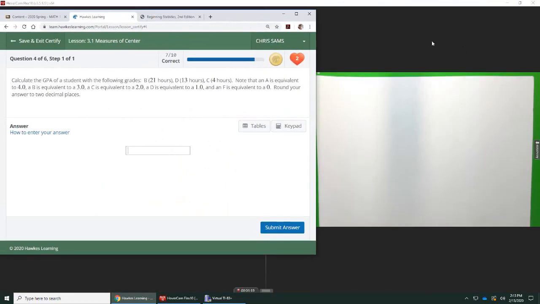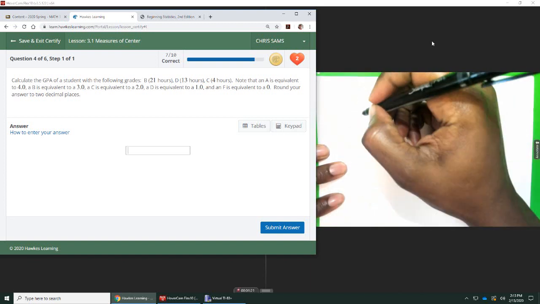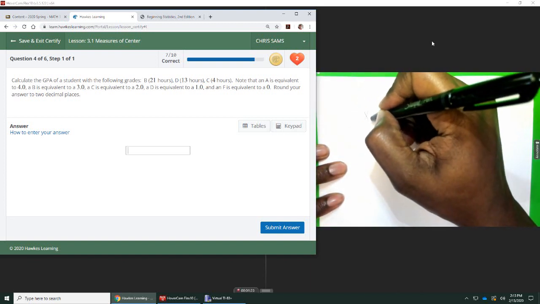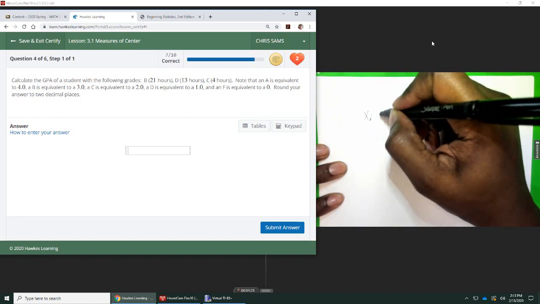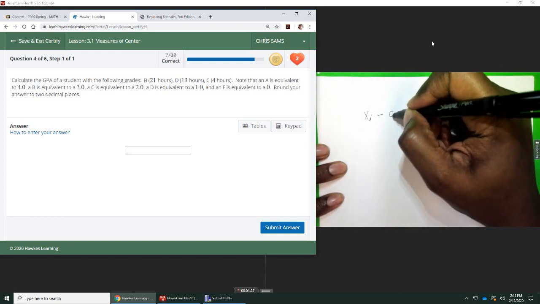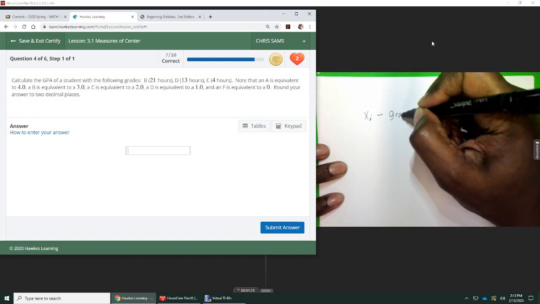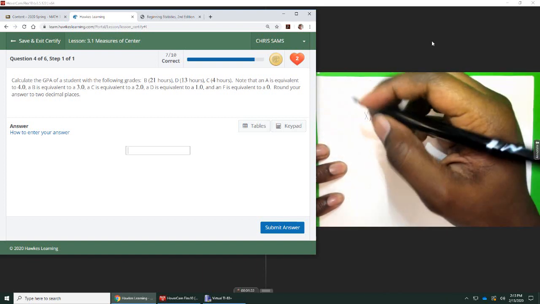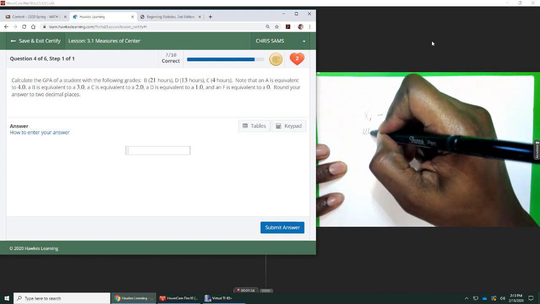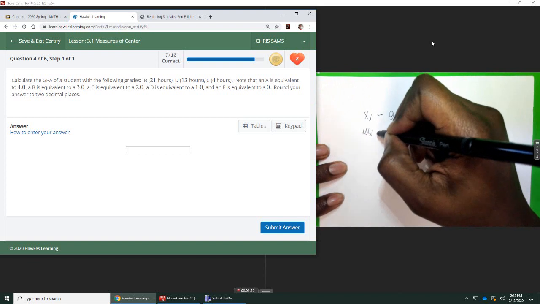and here's what you need to know. So xi, okay, the x value is normally the grade, and wi, the weight.